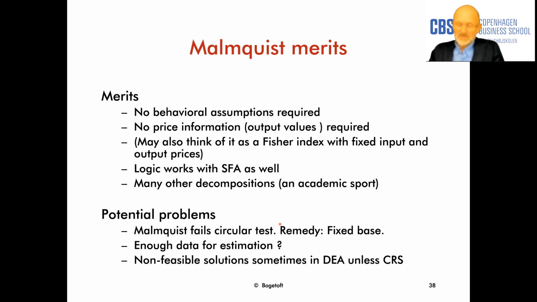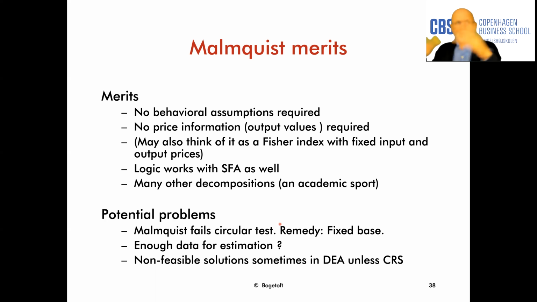There can also be some feasibility problems because you're comparing an observation in one year against a technology from another year. And since, if you do DEA, it might actually not be feasible to use this year's production in the technology of another year.